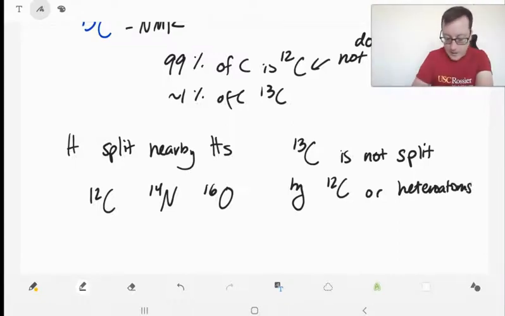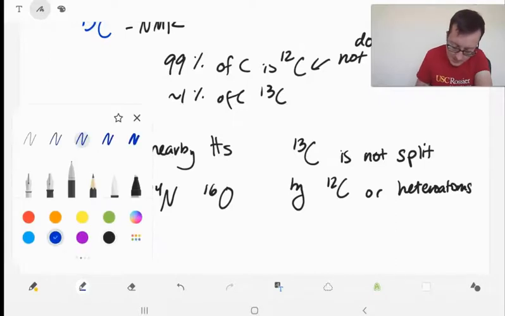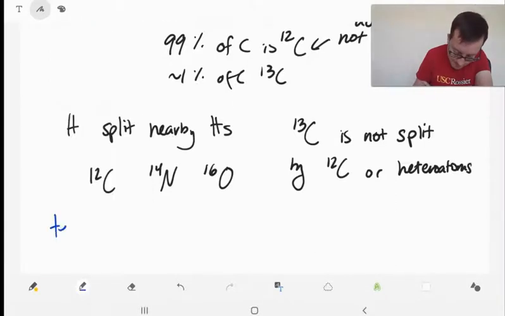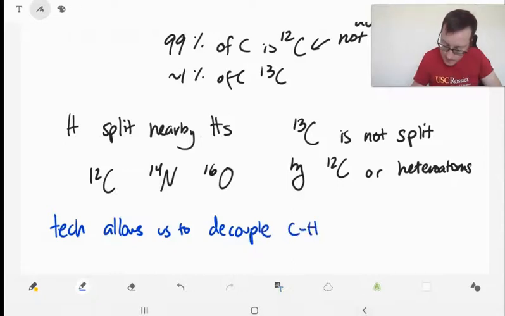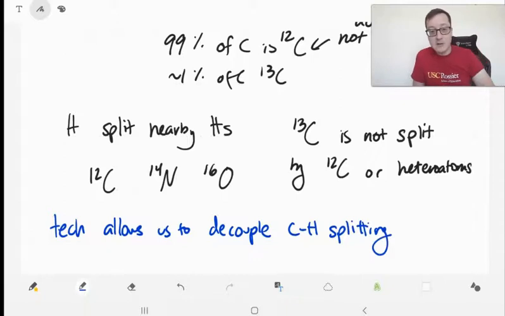And because there are often so many different hydrogens that can split it, we can actually decouple that from the rest of the spectrum, which is pretty cool. Technology, basically, allows us to decouple splitting done by hydrogens.